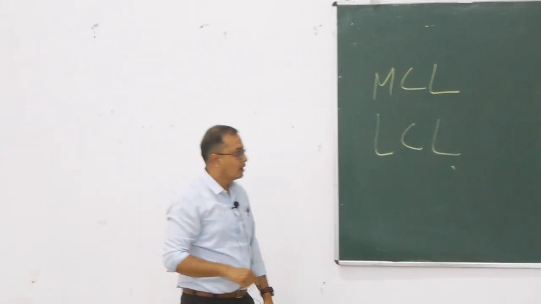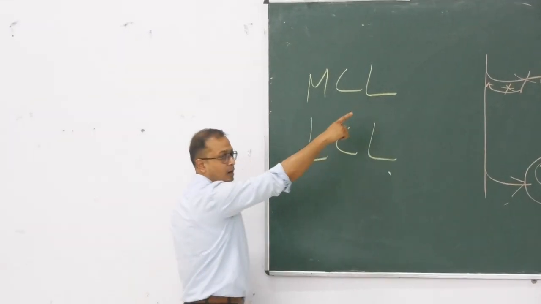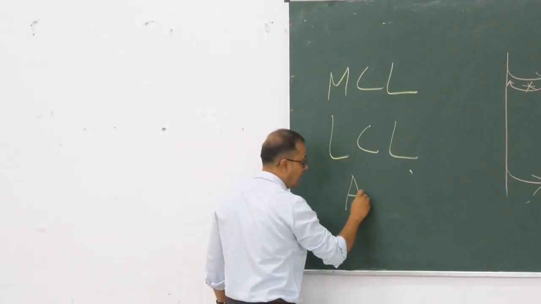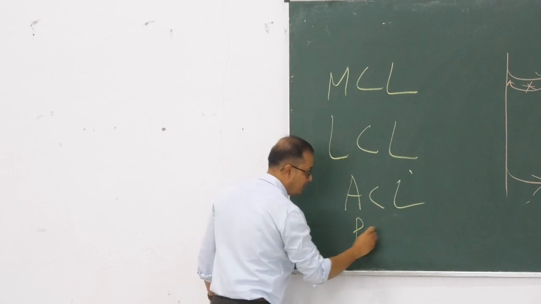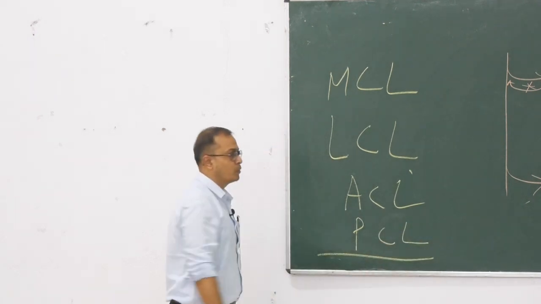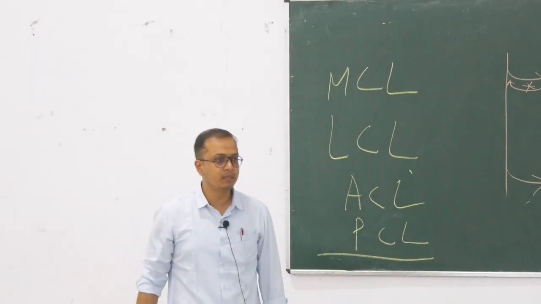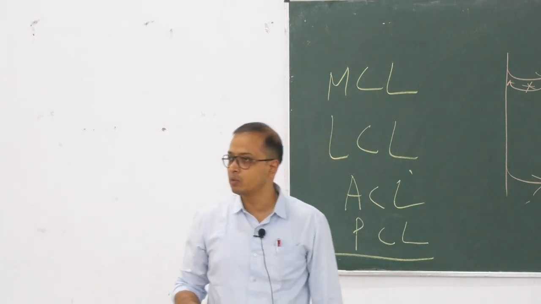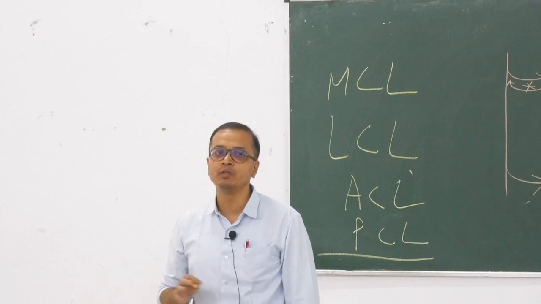Apart from the collateral ligaments, we have two other sets of ligaments, the ACL and the PCL, the anterior cruciate ligament and the posterior cruciate ligament, which are also prone or vulnerable to injury.